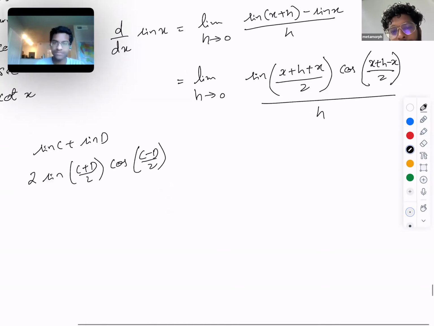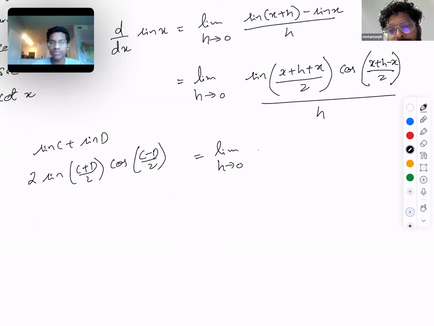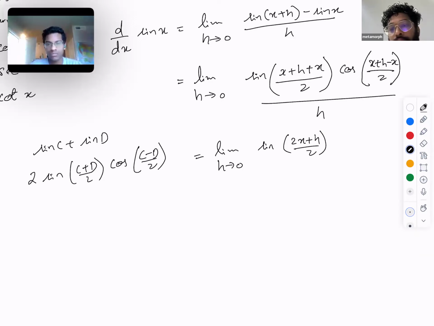So what will I get? Limit h approaches 0, sine of 2x plus h over 2, over h, cos h over 2. Look, there's something wrong here.